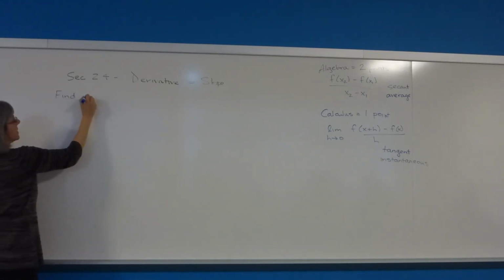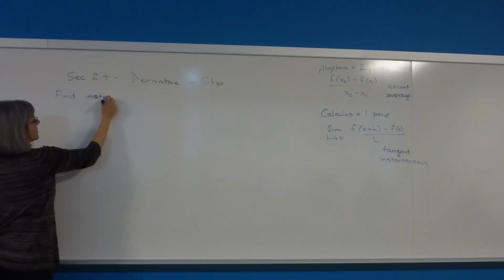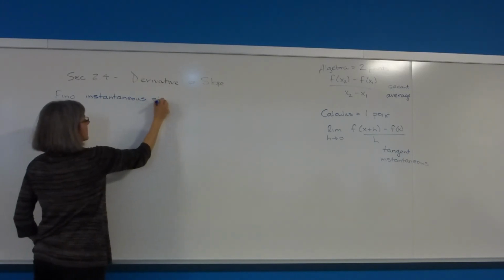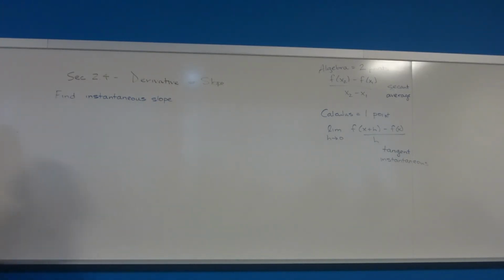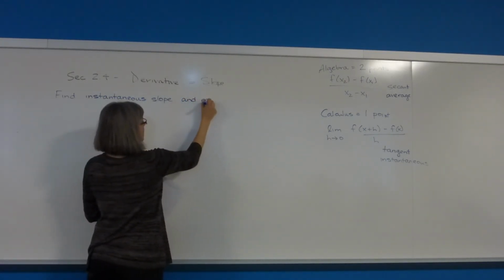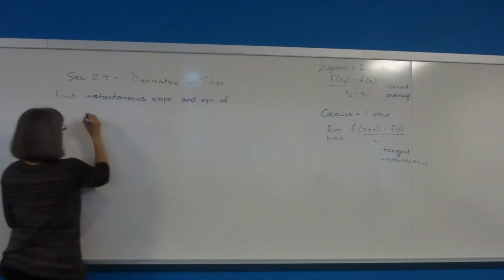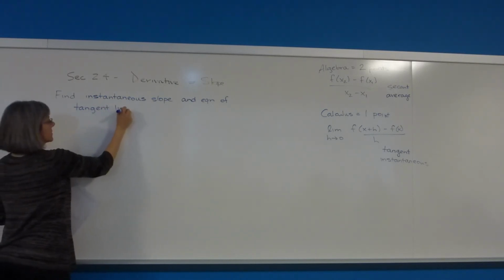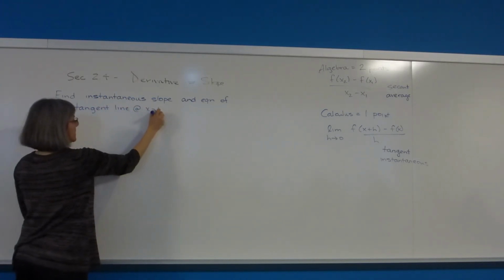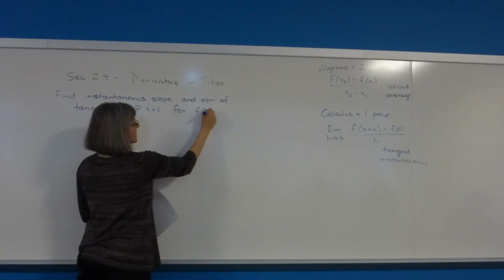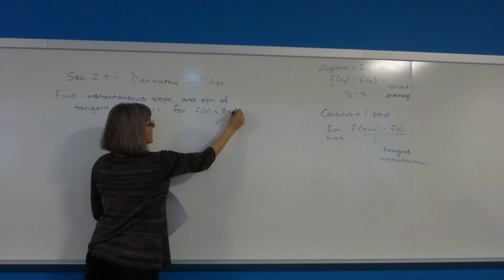Find the instantaneous slope and the equation of the tangent line at x equals 1 for f of x equals 3x plus 5.